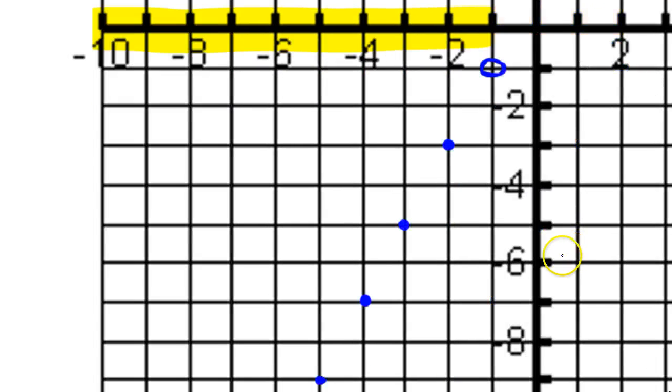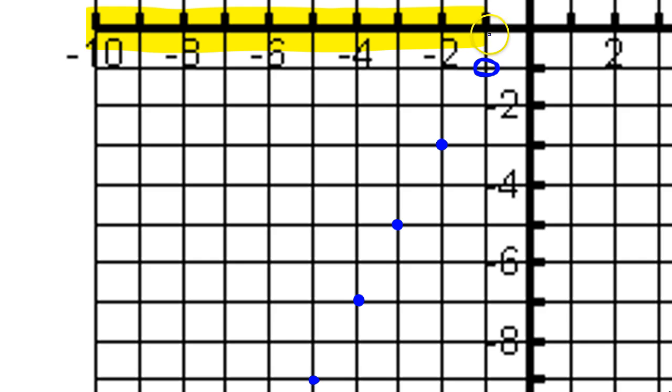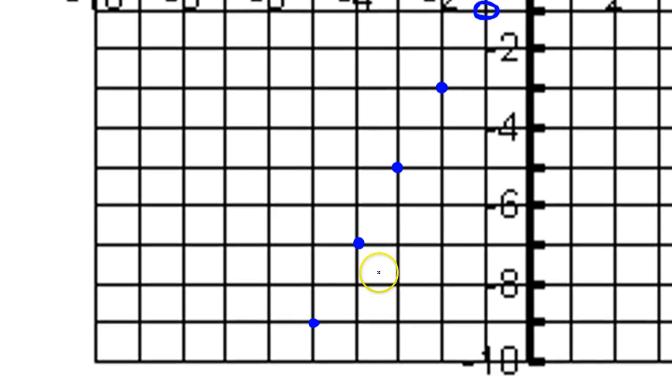And as you can see from the yellow highlighting, the domain says x values that are less than -1. So that's to the left. So that means I'm going to include all of these guys. So I will go ahead and draw this in because it's to the left.